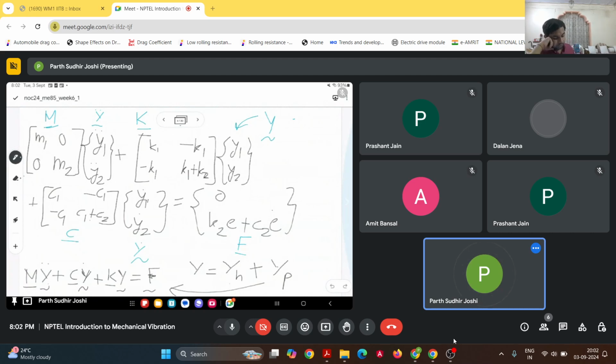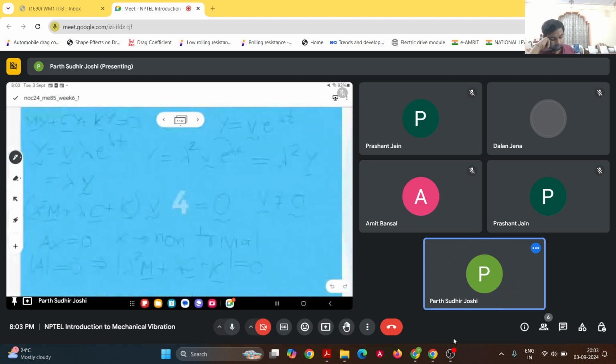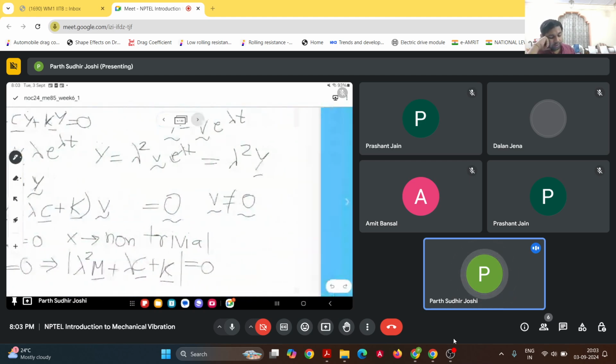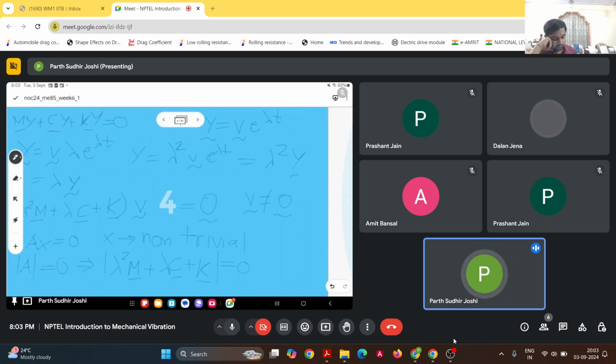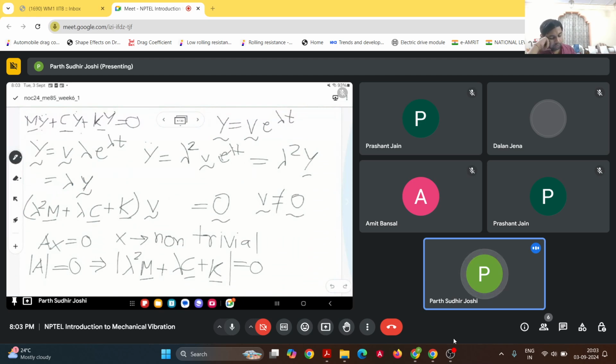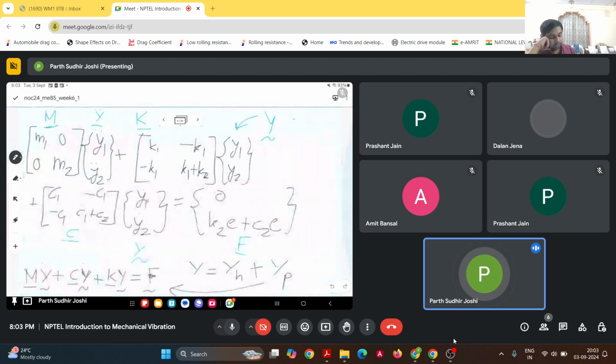So we know the matrices M, K, and C for any given system, and so we can write the equation for the determinant equal to 0. We write down the expression for the determinant.